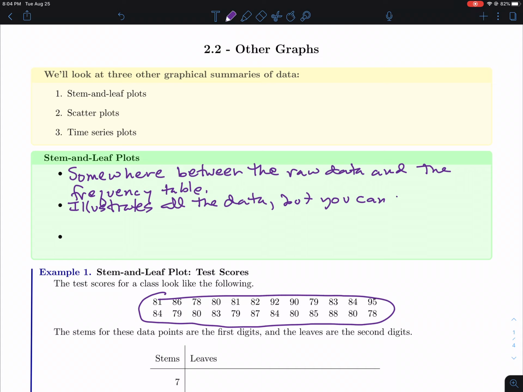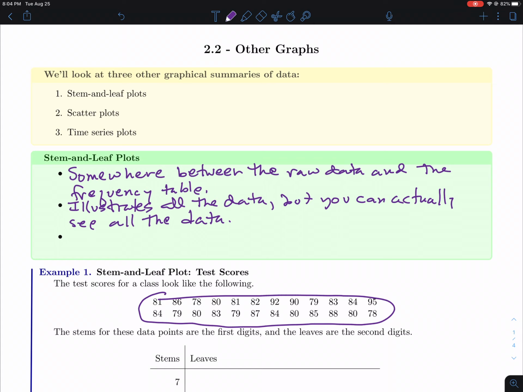On a frequency distribution, it illustrates it and they're in categories, but all you're seeing is that there's 5 of this. You're not able to see each individual data point. And you'll see when we do a stem and leaf plot, you'll be able to see each and every data point that's there.